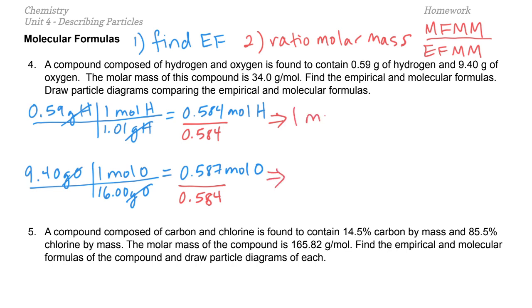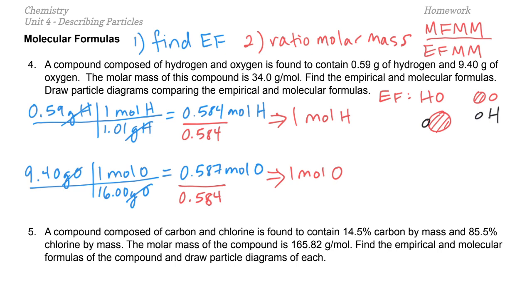But we end up with a 1-to-1 here, 1 mole of hydrogen to 1 mole of oxygen, which means our empirical formula is going to be HO, and I will draw a particle diagram of that. Now, hydrogen has much lower mass than oxygen, so I'll draw a bigger circle for oxygen, and then I'll change colors here. Let's go to black, and a small circle for hydrogen.